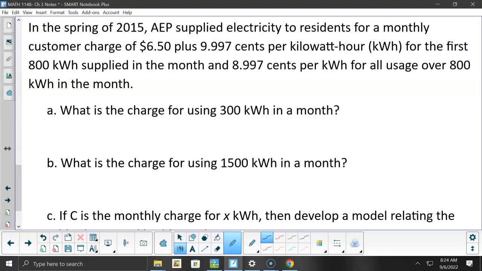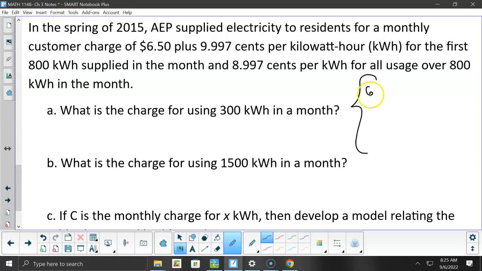So would it be easier to write this out as a piecewise function instead of writing it as a paragraph? That's what you did? You're like, I'm not writing all these stupid words. So if I'm looking at this, all right, they charge me $6.50 just for needing to use them for electricity, plus 9.99 cents per kilowatt hour for the first 800 kilowatts.